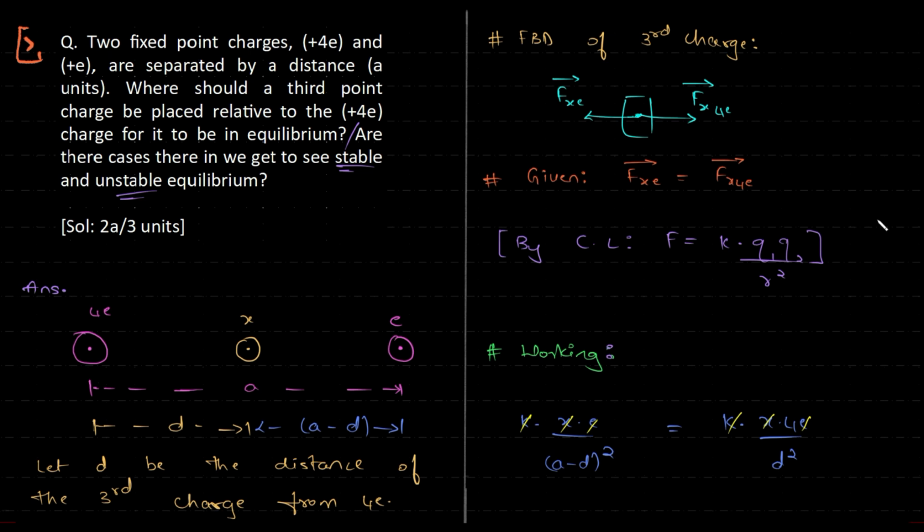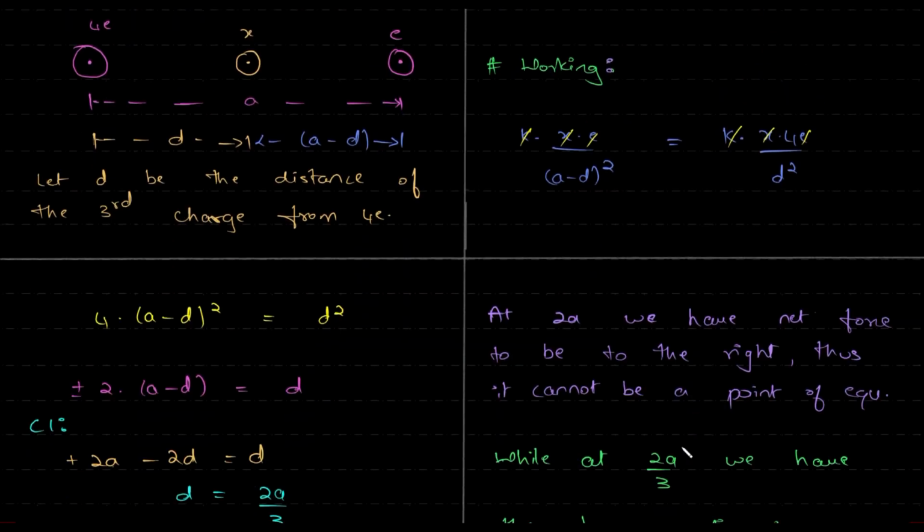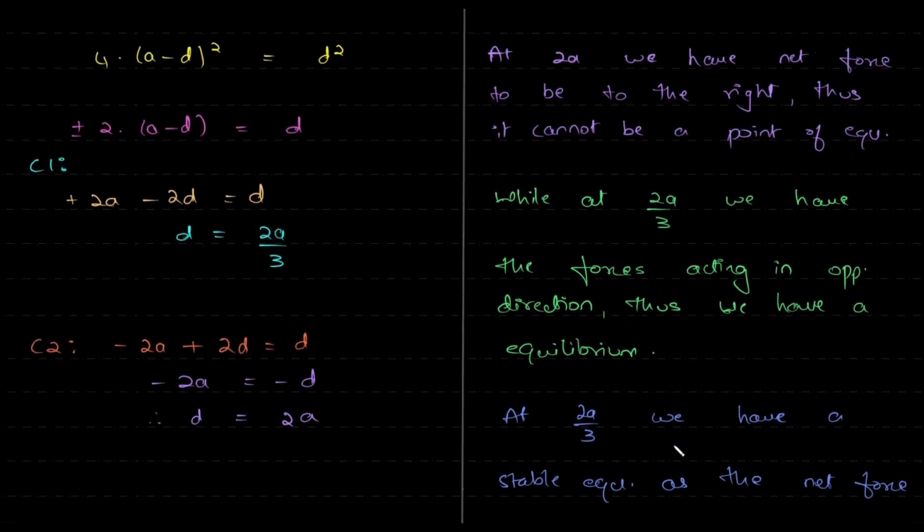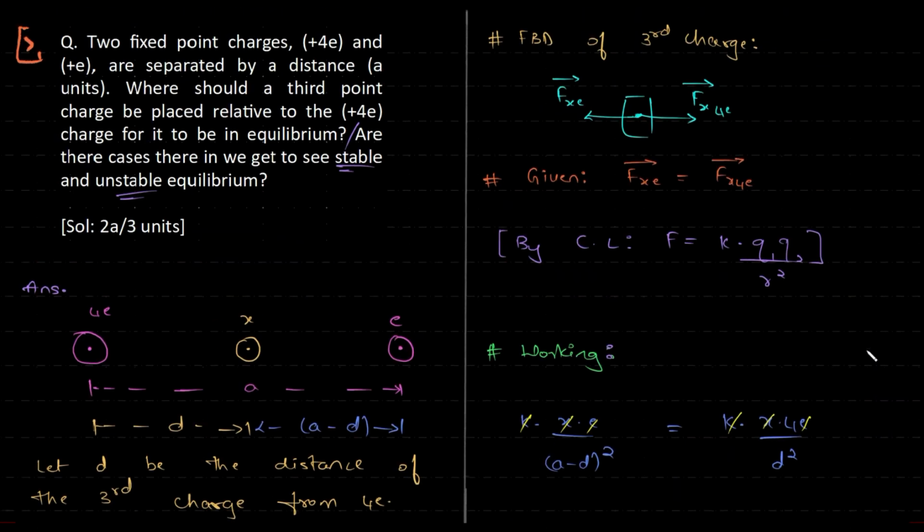So here the main funda is that we have the distance d and a minus d. That is one thing that you guys have to be careful about, and everything else is simple simplification. Post simplification, this is where you can go wrong: checking if it's stable or unstable. If not, pretty much everything else is quite simple.